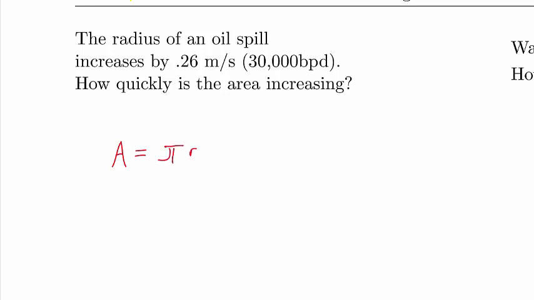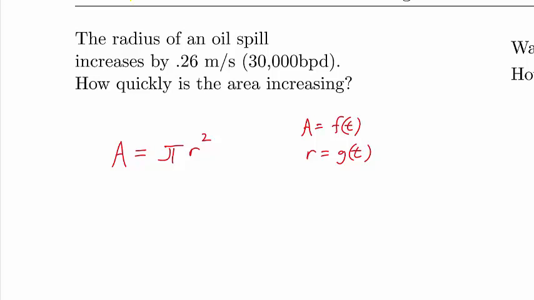pi r squared. Okay, now this is going to be very similar to implicit differentiation, but there's going to be a few key differences. Area is a function of time. The radius is also a function of time. You don't need to remember f and g.